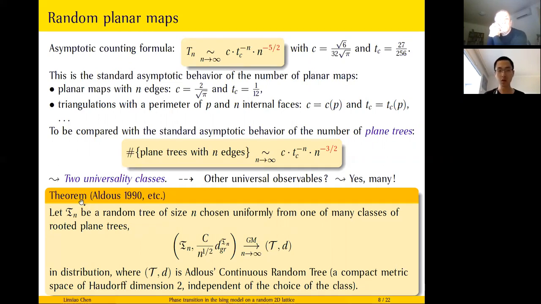can be done using a theorem of Aldous in the 1990s.